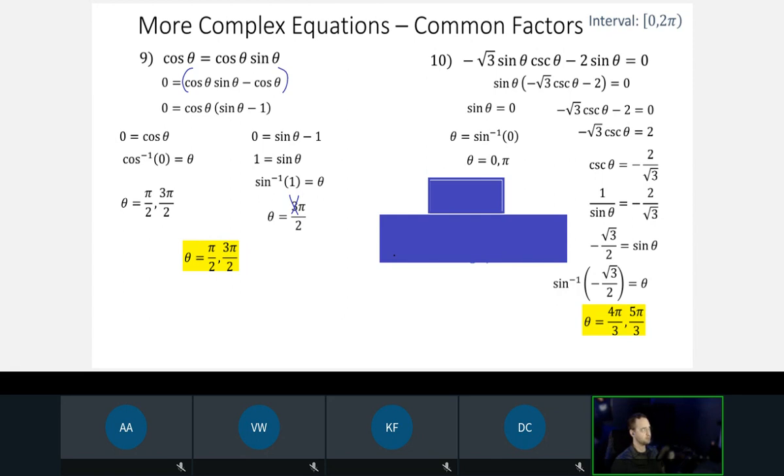So going back to the first half of the problem. We got the angles of 0 and pi. And we know that cosecant, the trig identity, is 1 over sine theta. Now at the angles 0 and pi, the sine of 0 is equal to what?